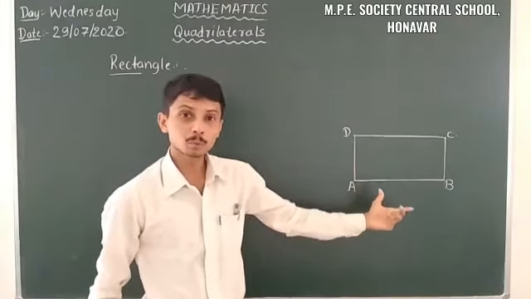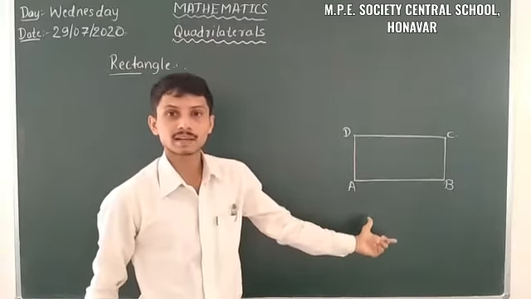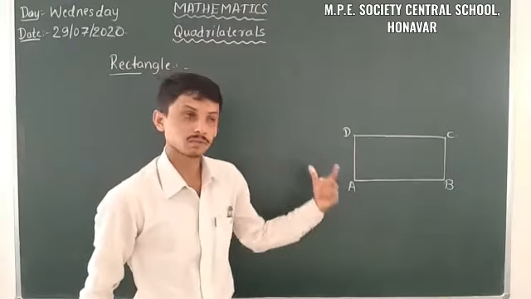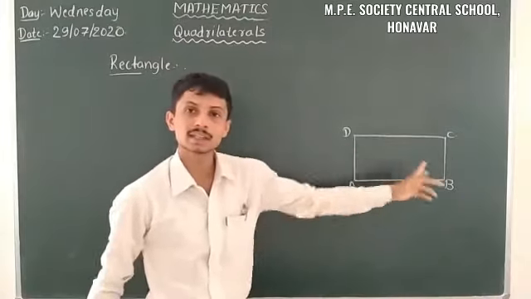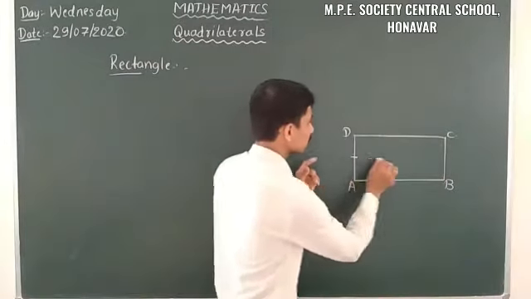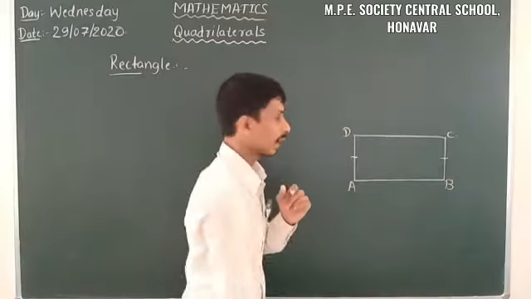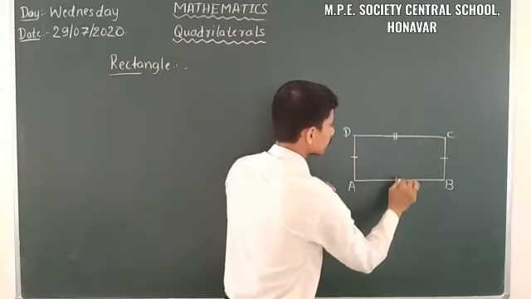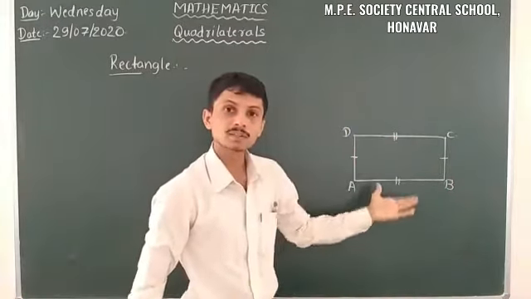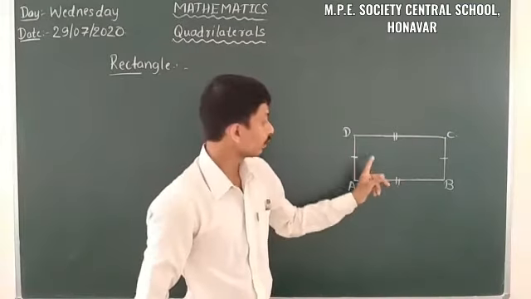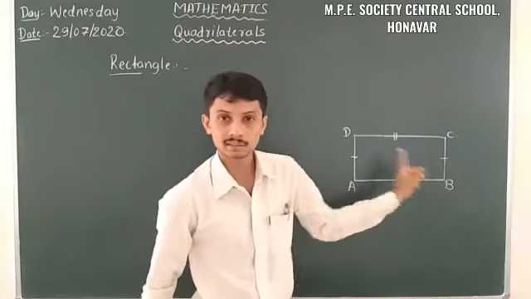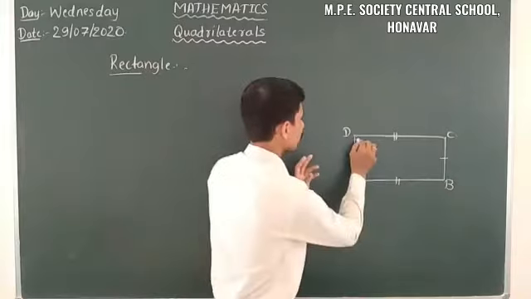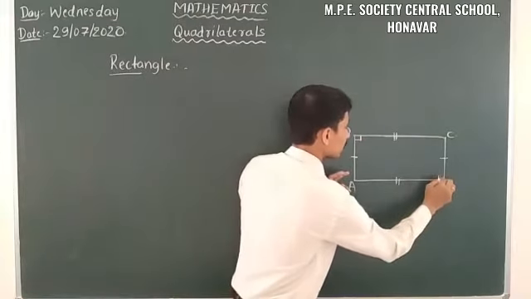Now we have to prove the diagonals of a rectangle are of equal length. We know about the opposite sides: opposite sides are equal here. This side and this side are equal, and this side and this side are equal. In a parallelogram also it is the same.